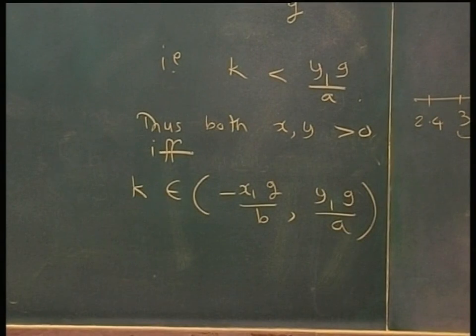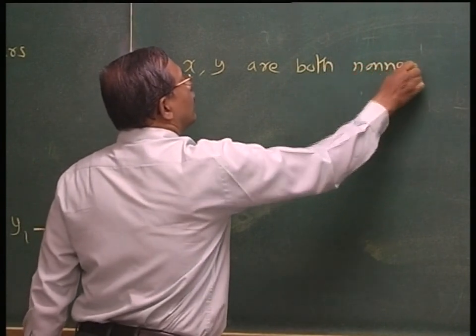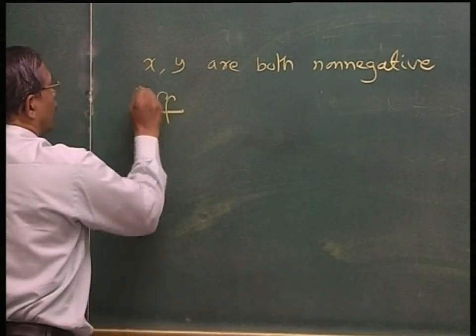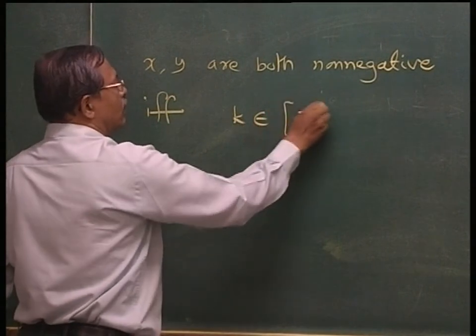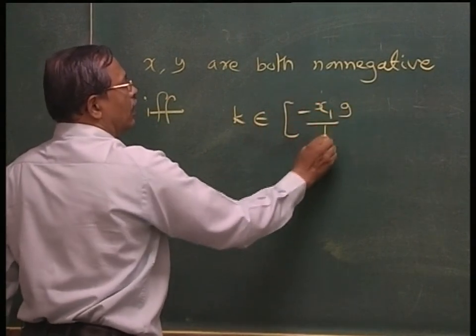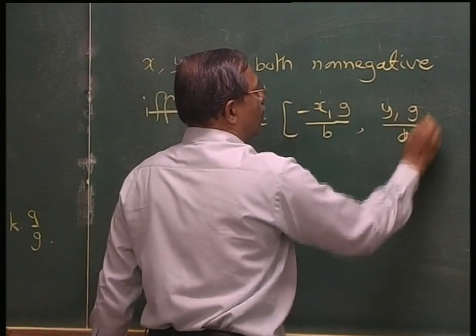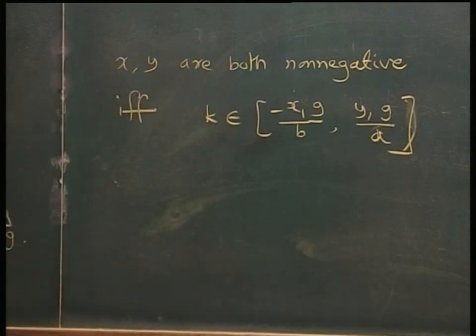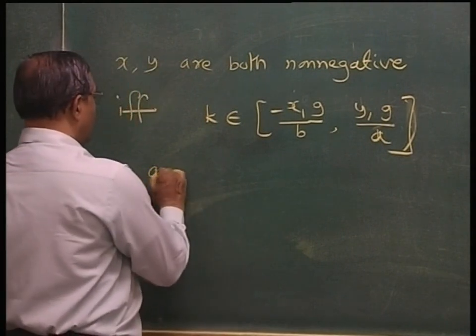So x and y are both non-negative if and only if k belongs to this closed interval, minus x1 G by B to y1 G by A. And then also we have a similar result.